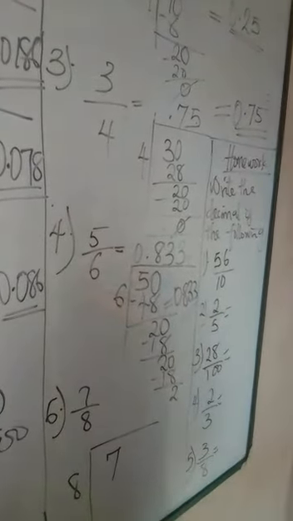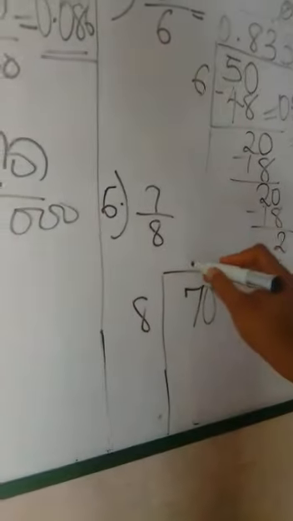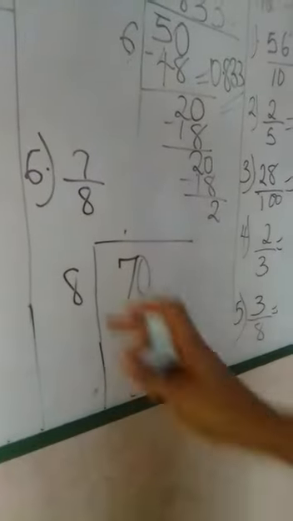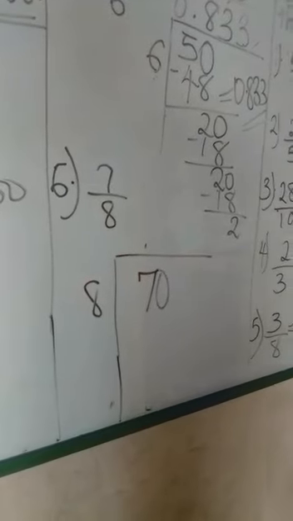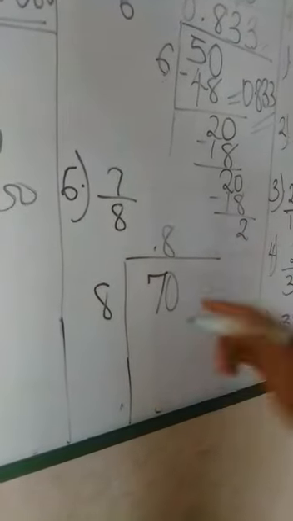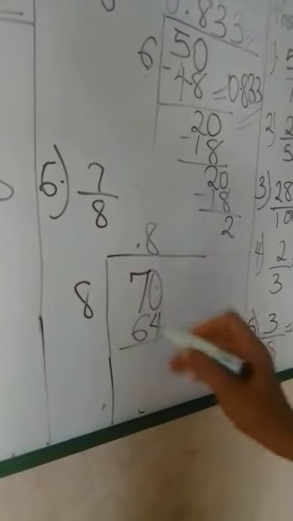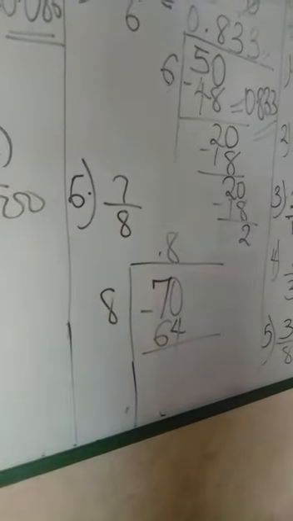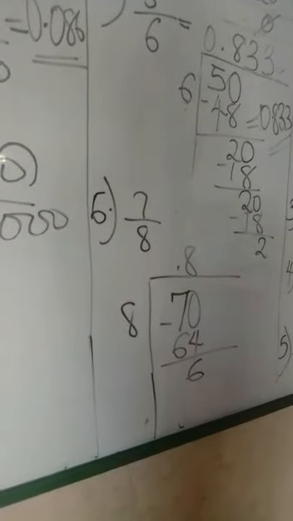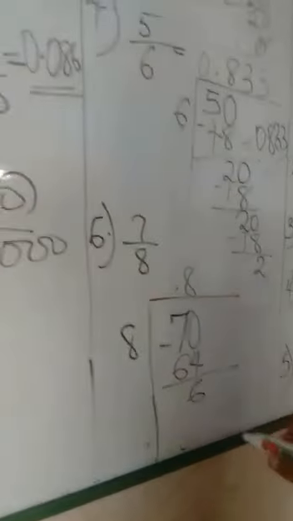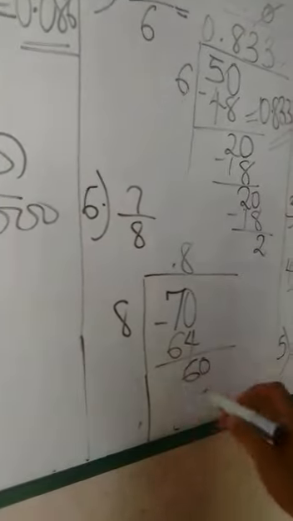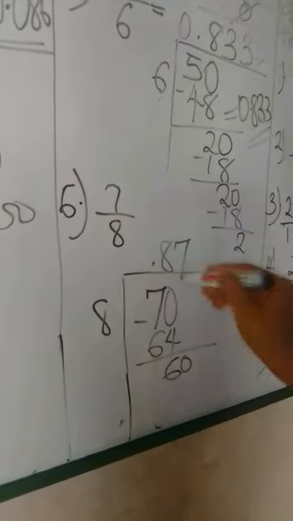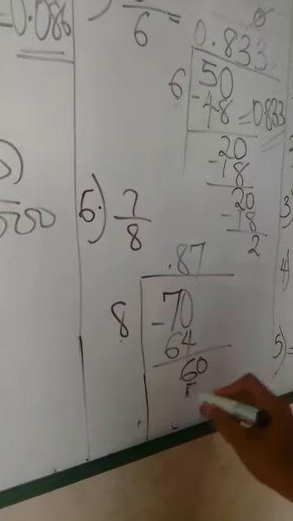Alright? Now let's finally solve this one. 7 over 8. Add 0. Put my point and add 0. 8 divides 70. Will give me 8. 8 times 8, 64. 70 minus 64 will give me 6. 8 divides 6, it can't go, I'll add 0. 8 divides 60. 7. 7 times 8, 56.